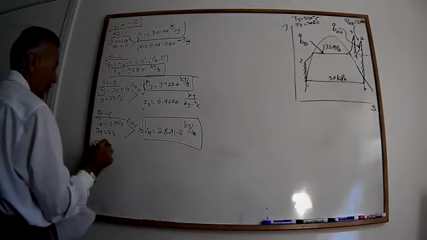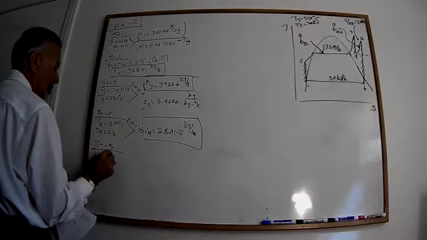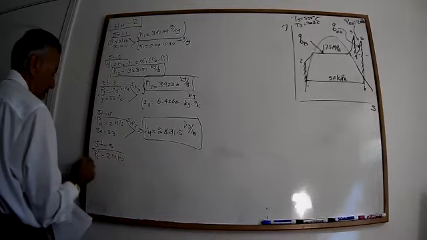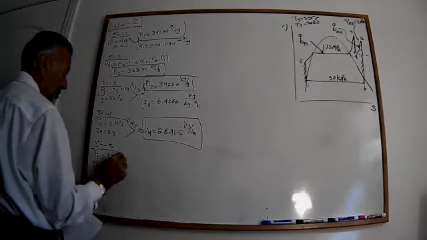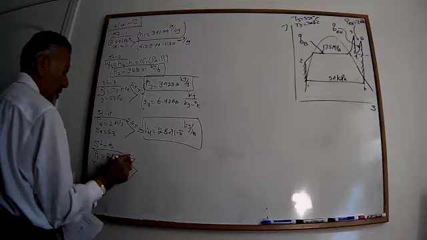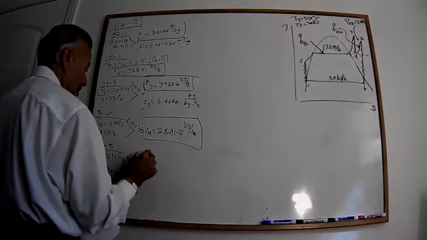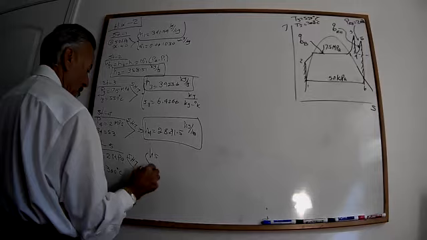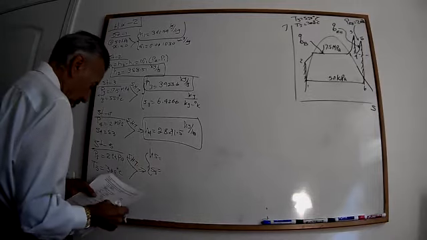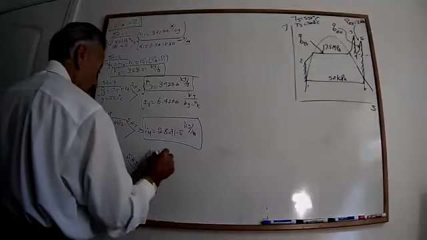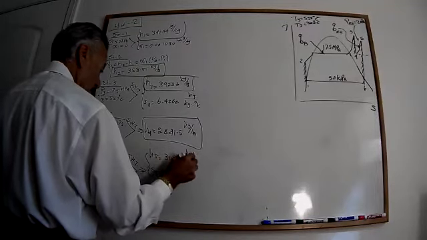At state 5, we have P5 equal to 2 megapascal, and T5 is equal to 300 degrees Celsius. We're still in the superheated region. From there, we'll find H5 and S5. The value of H5 becomes 3024.2 kilojoule per kilogram.